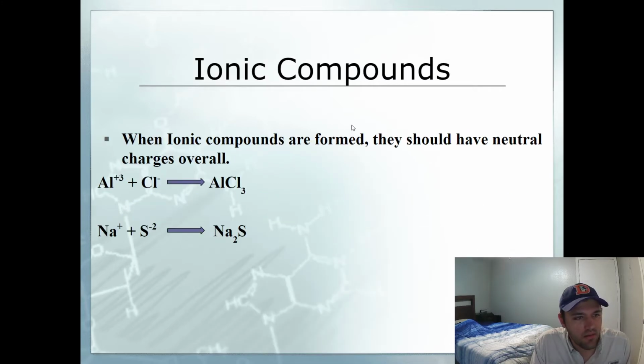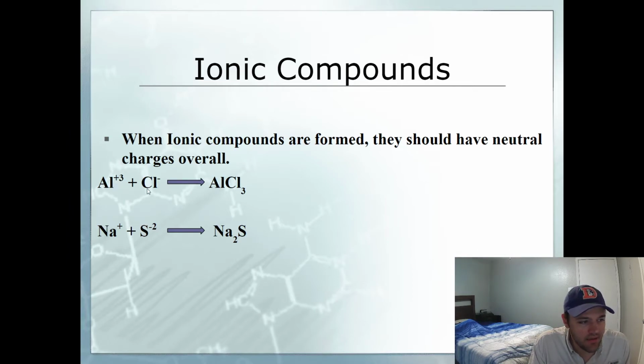All right, so your homework today is going to be figuring out what kind of compounds these would make when they bond with each other. If you remember from that other video, I talked about cations and anions. Your cations are your positively charged ions, typically the metal.